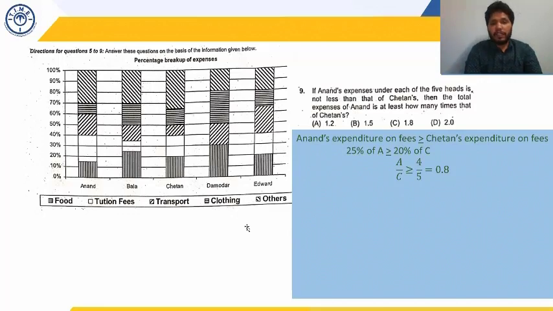So if Anand's expenditure on fees has to be greater than or equal to Chetan's, then A is greater than or equal to 0.8C.